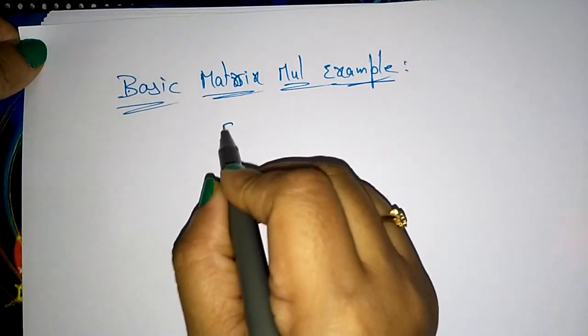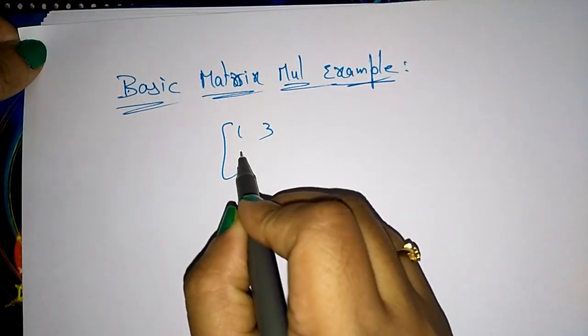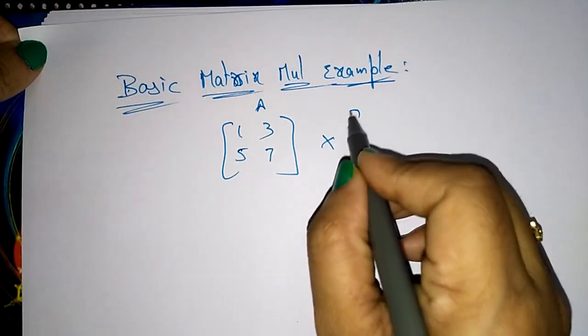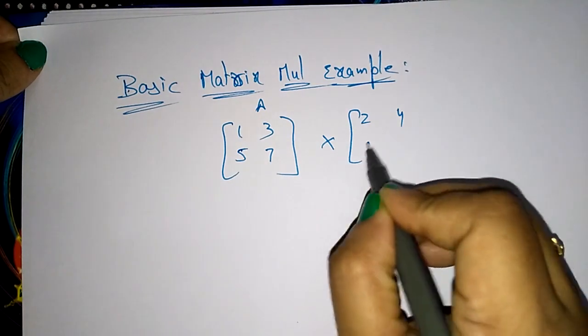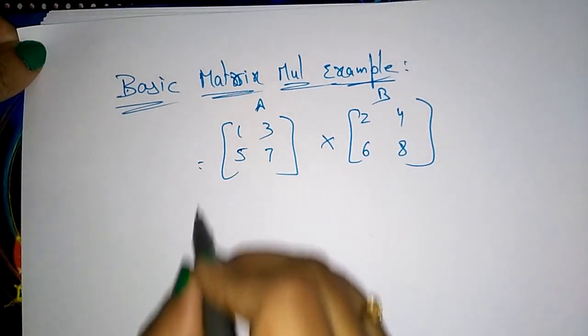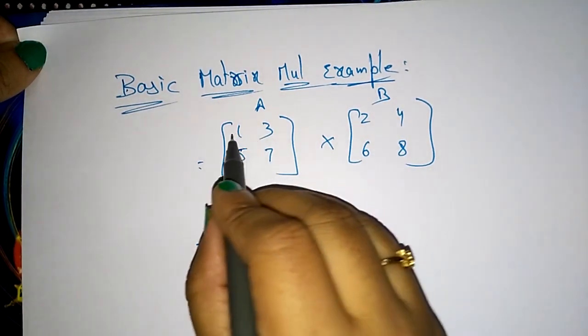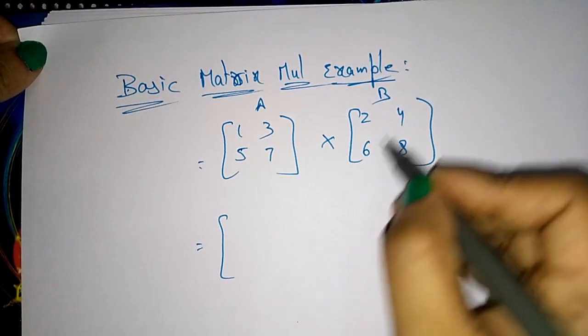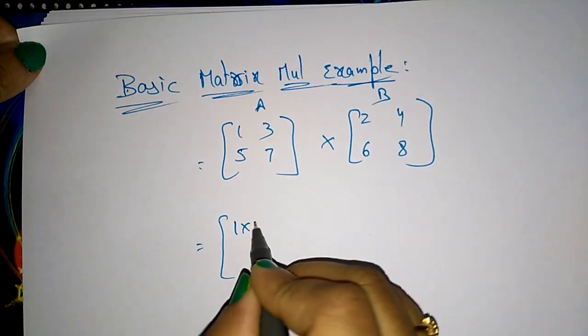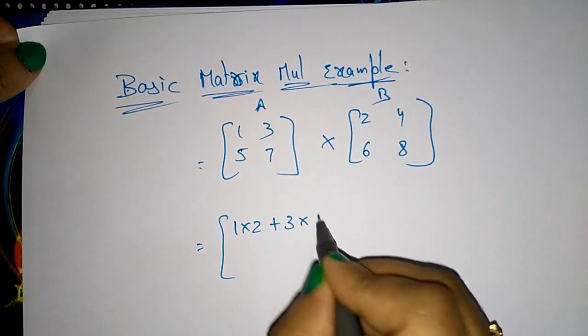Let us take A as 1, 3, 5, 7. This is A, cross 2, 4, 6, 8, this is B. Now calculate. How do we do that? This row is multiplied with the first column, then the next column. So 1 into 2 plus 3 into 6.